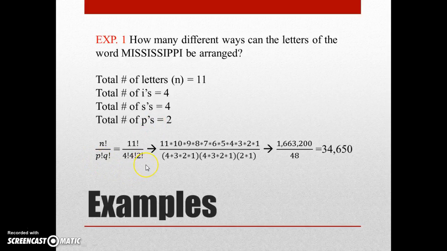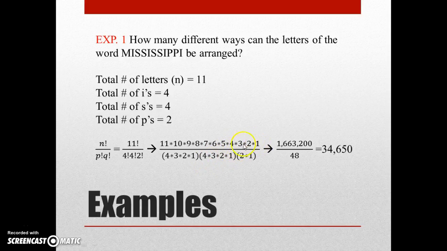So again, just like we did with our earlier examples, we expanded to calculate for our answer. Again, 11 times 10 times 9 times 8 times 7 times 6 times 4 times 3 times 2 times 1, all over product of 4 factorial and 2 factorial. Again, we can get rid of some of this, which I know I don't have to break down for you.